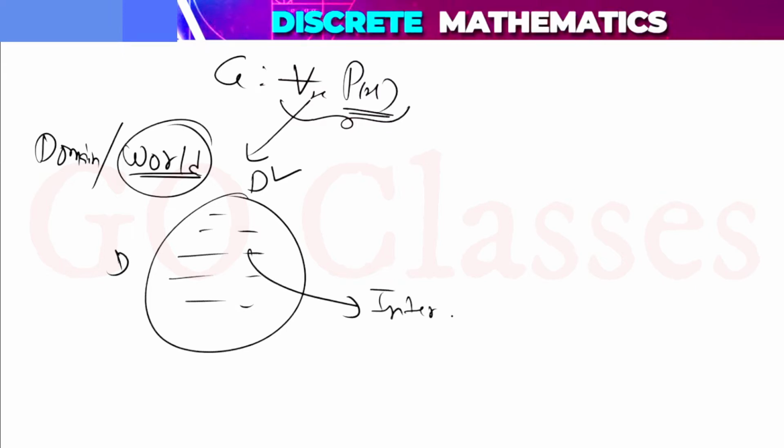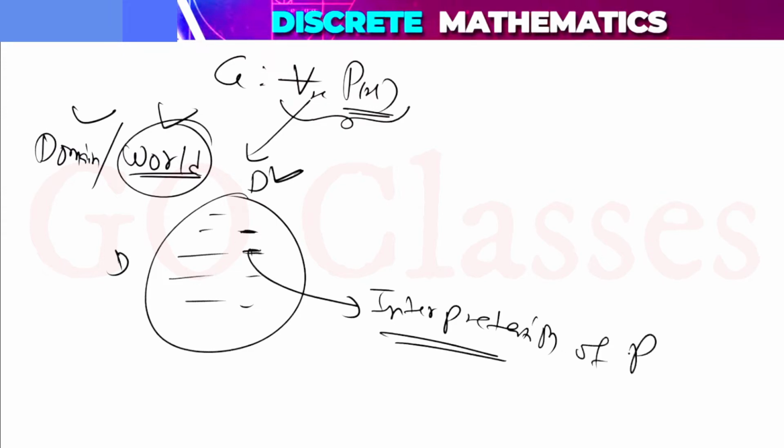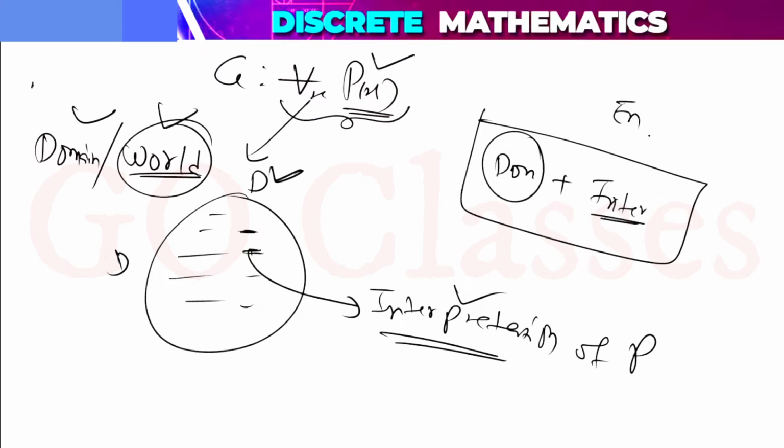interpretation of p for every element. Once I give you this domain, this world, then I need to give you the interpretation of every predicate symbol that we are using in this G. Now this complete thing, domain plus the interpretation of predicates in this domain, we will call the environment.